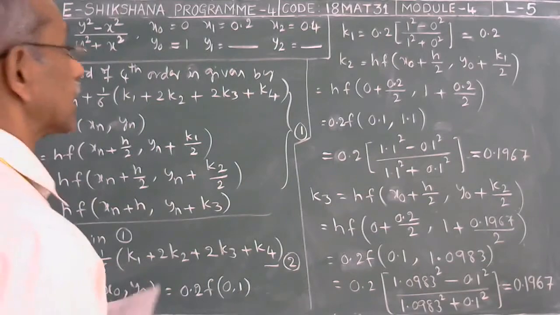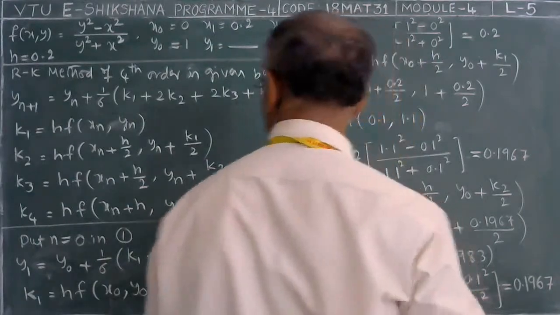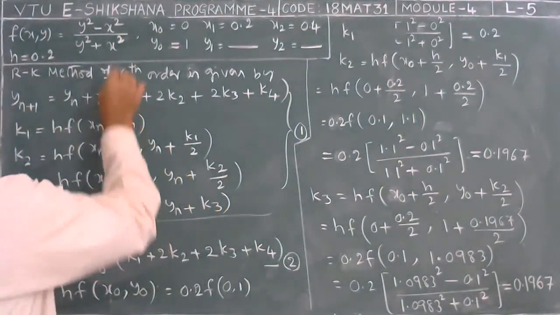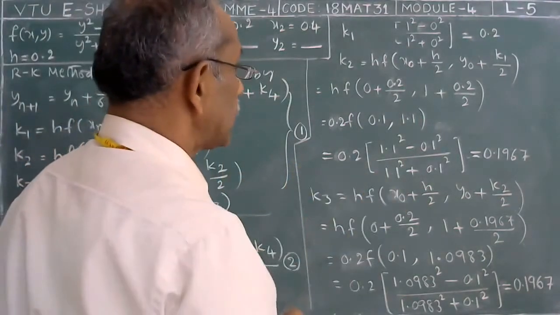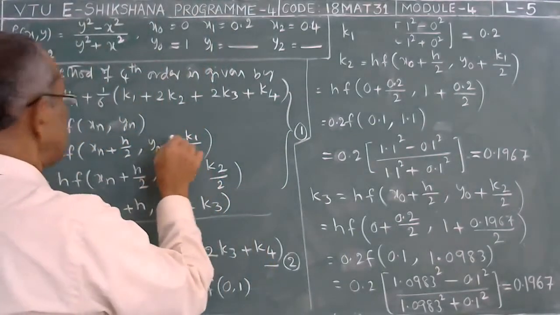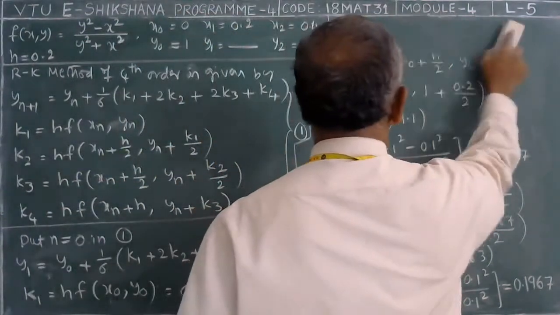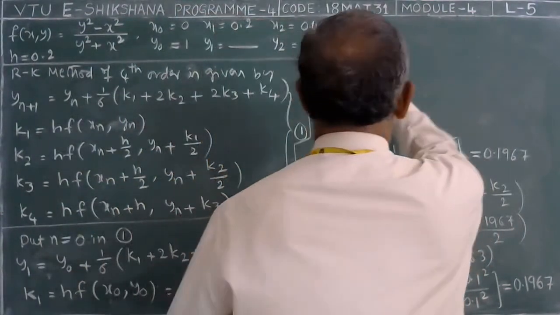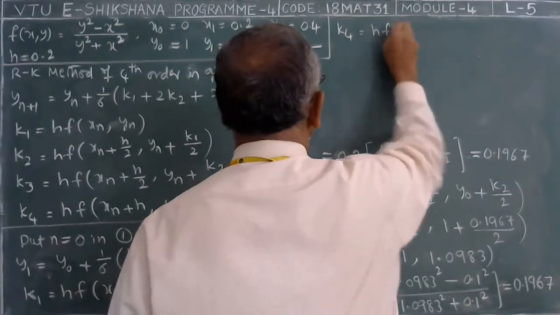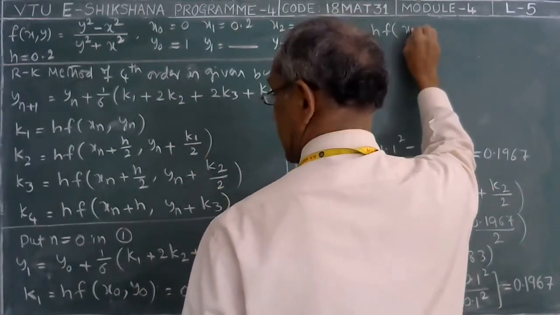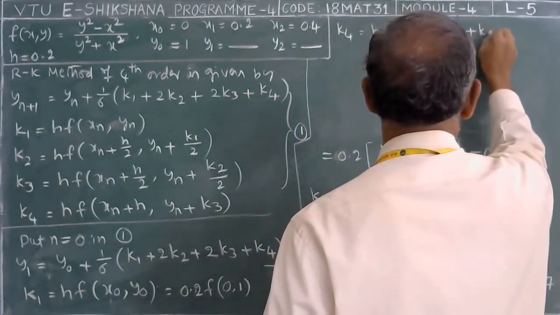Okay, so k4. Let me make a note here: k1 is 0.2, k2 is 0.1967. So k4 is h into f of x0 plus h, comma, y0 plus k3.